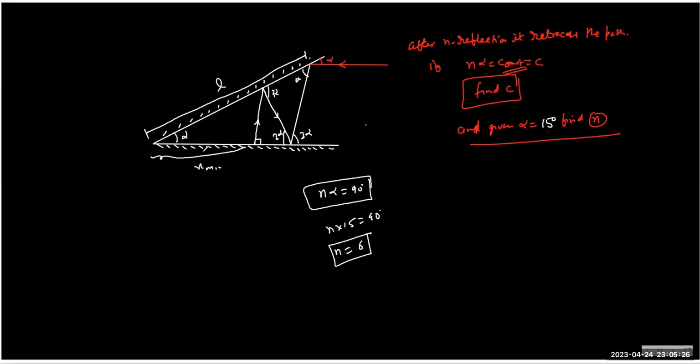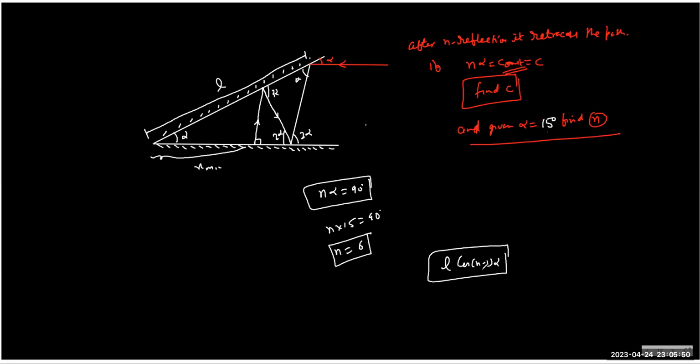L cos (n minus 1) alpha. L cos (n minus 1) alpha, like this, no? Yes.